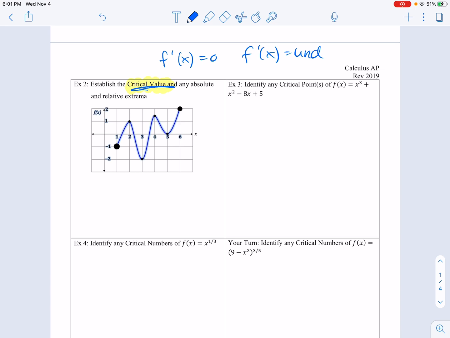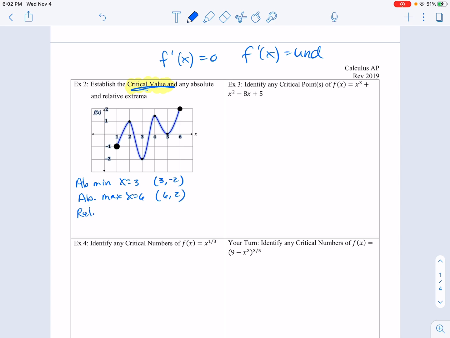The absolute and relative maximums. The absolute min is x equals 3, or you can say the point (3, -2). The absolute max is x equals 6, or the point (6, 2).